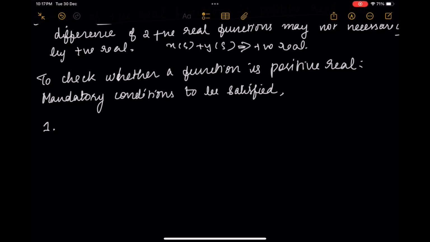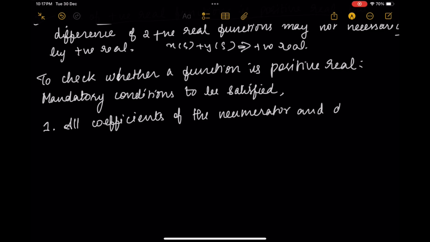So one of the key factors is that all the coefficients of the numerator and denominator must be positive.